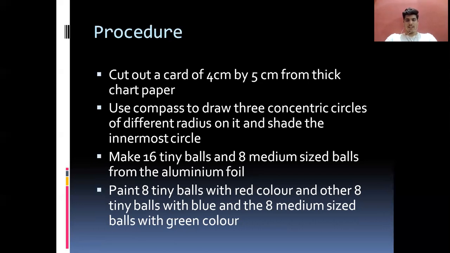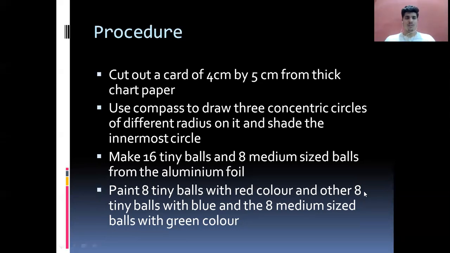Make 16 tiny balls and 8 medium sized balls from the aluminium foil. Now you might have imagined what we are going to make, but still, let us see what is further in this procedure. Then paint 8 tiny balls with red color and the other 8 tiny balls with blue color, and the 8 medium sized balls with green color.